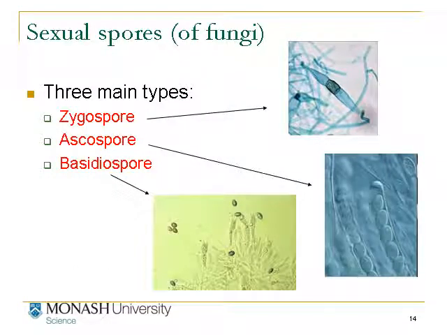To look into the detail, these are what the sexual spores of the three main types of fungi look like. A zygospore is like a black ball, sort of squeezed in between two bulging hyphae.